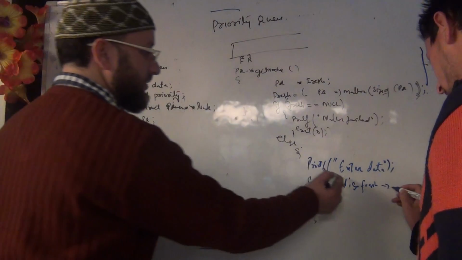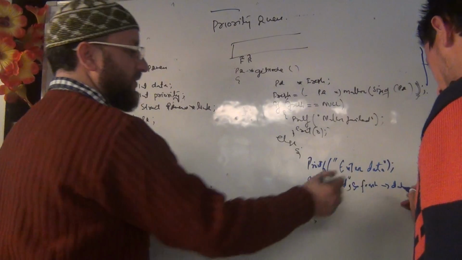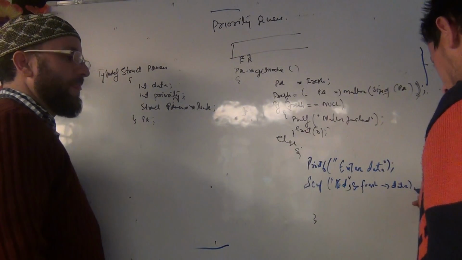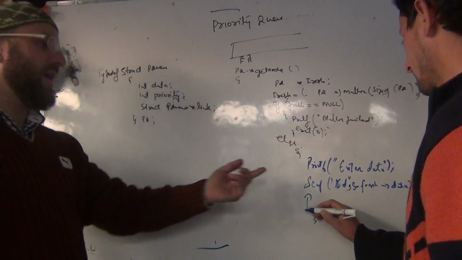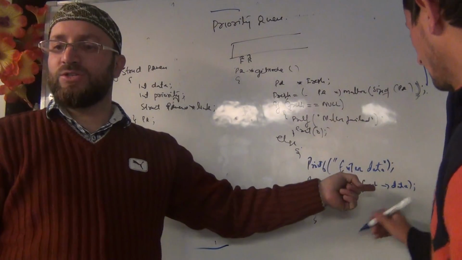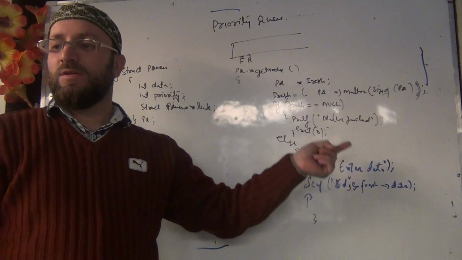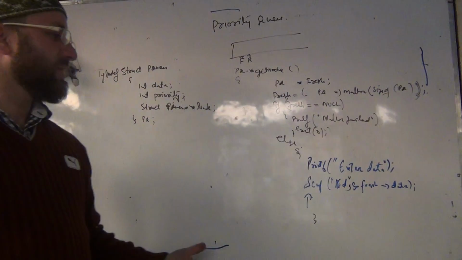Double quote closes here. Then similarly, enter the priority, and scanf percent d ampersand fresh arrow priority. So we got it.